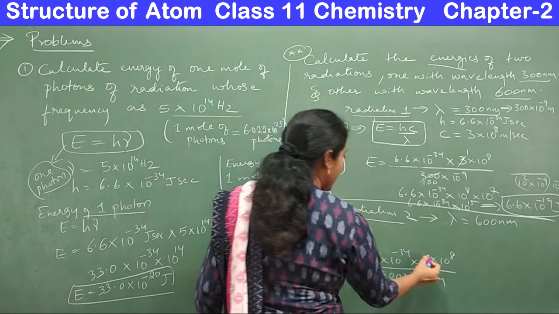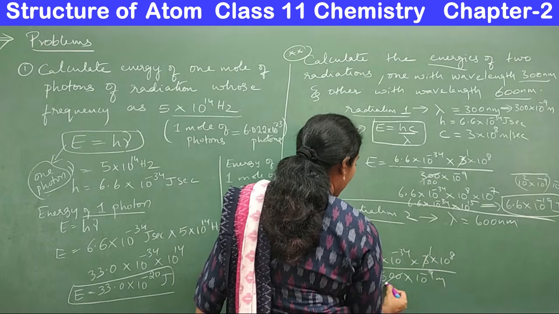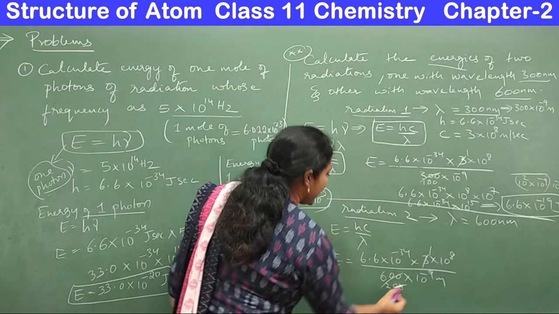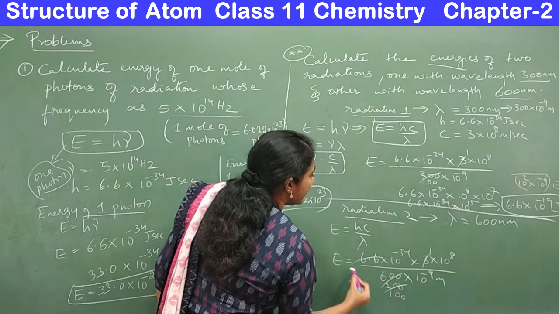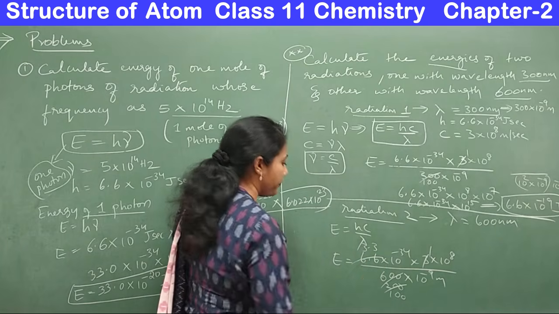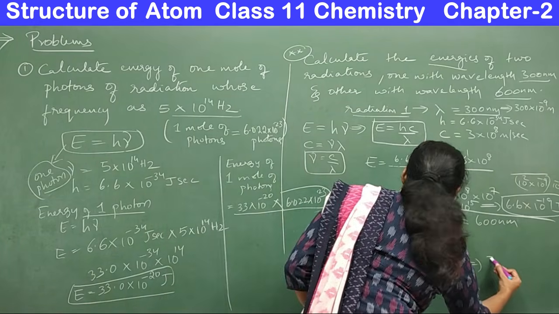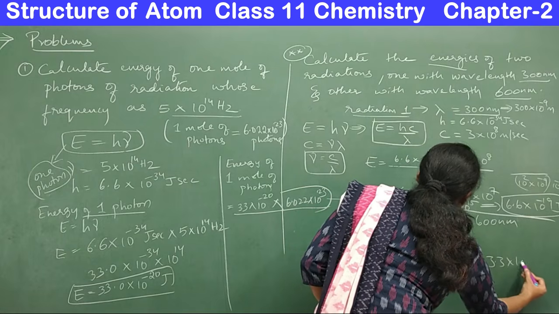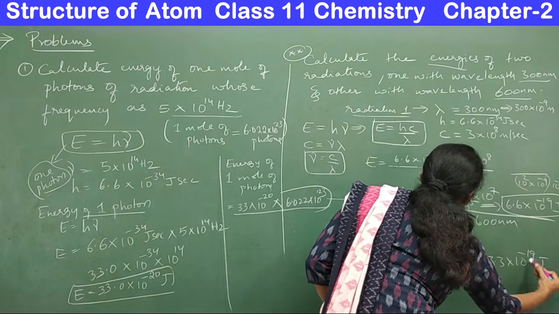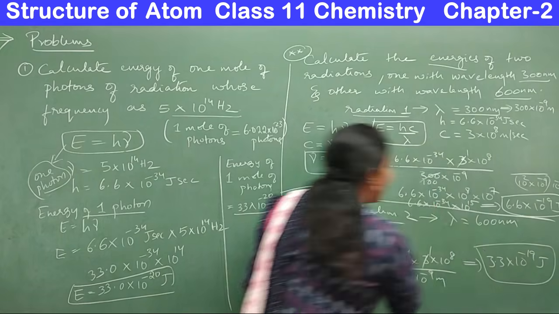So same thing here. Three ones are 3, and 200, right? Again, 2 ones are, and this would be 3.3. Two 3s are 6, right? So almost here also you will get your answer as 3.3 into 10 power minus 19 joules. So this is your answer.